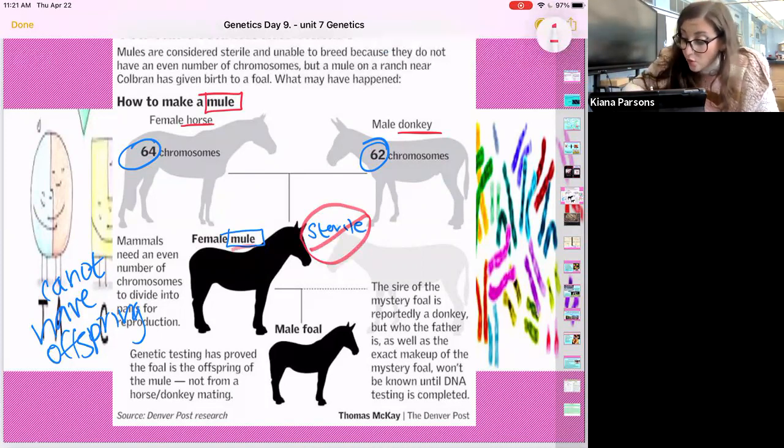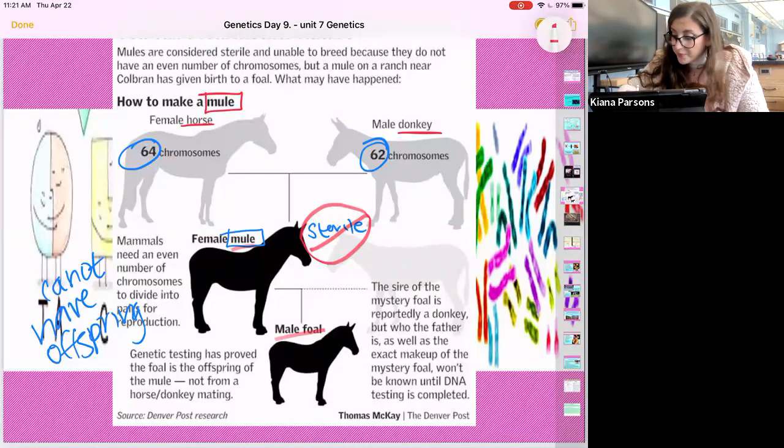A male foal as well would be sterile. But it's saying in this report that, oh my gosh, maybe we did find one that was not sterile.